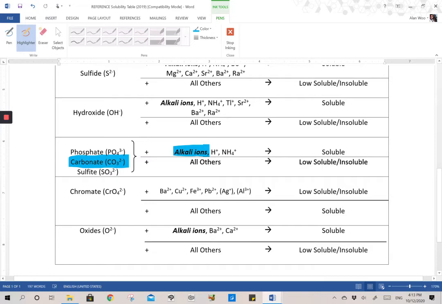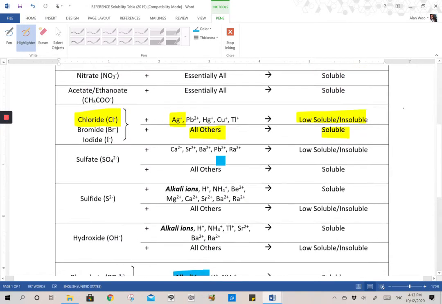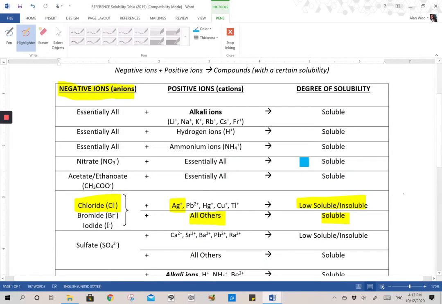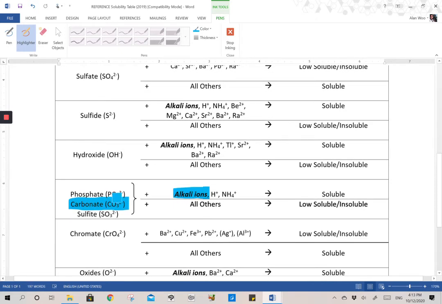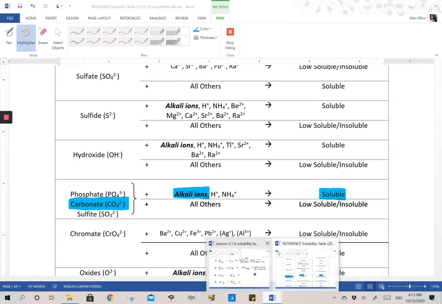Alkali ions are all listed once at the top here. So if you look at the alkali ions list, you'll find that sodium is actually one of the alkali ions. All the alkali ions are ions from the first family. So technically speaking, carbonate and sodium are soluble. So that means they dissolve.